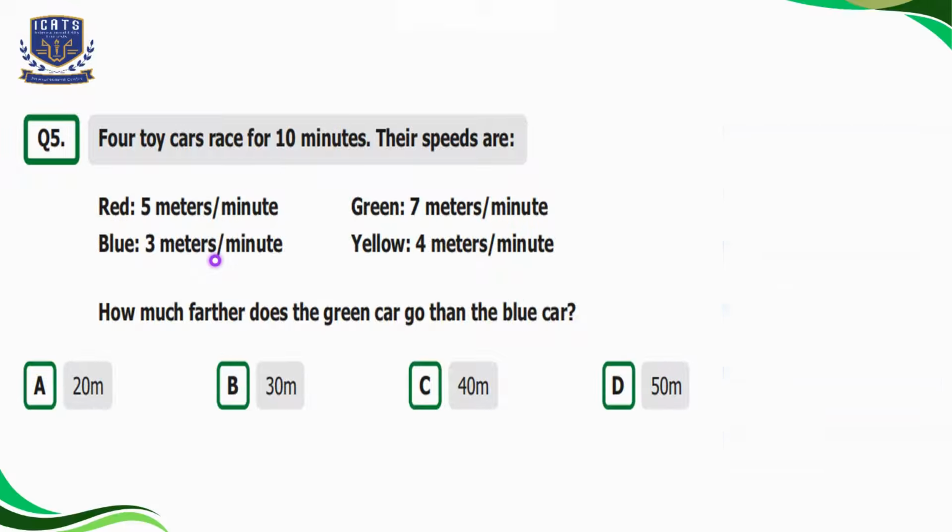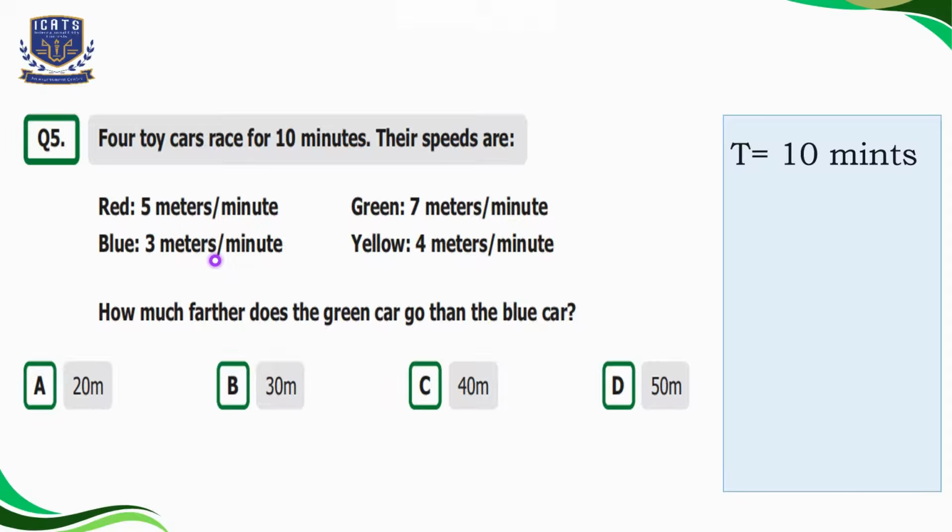We know that the race is for 10 minutes as it is asked in the question how much farther does the green car go than the blue car. So we will focus on the speeds of green and blue cars. The speed of the green car is 7 meters per minute. So we will multiply the speed by the time, that is equal to 70 meters.